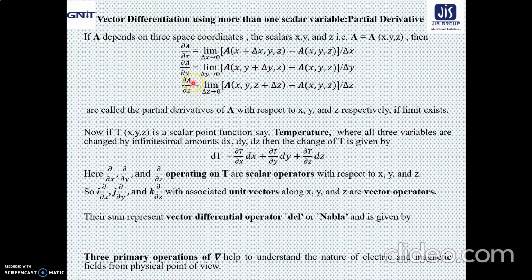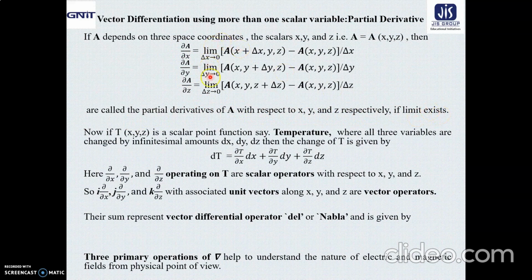Similarly, the third one, the partial derivative of A with respect to z, where x and y are remaining same, only z is varying. It is represented as A(x, y, z plus delta z) minus A(x, y, z) divided by delta z in the limit delta z tends to 0. That means these three are called the partial derivatives of A with respect to x, y and z respectively, provided the limits exist.